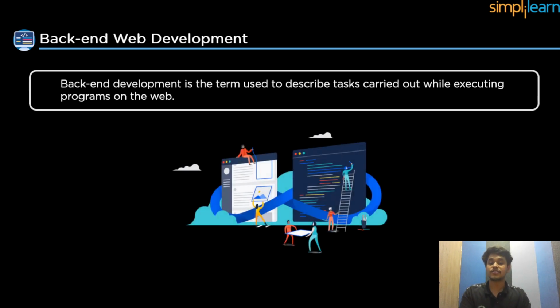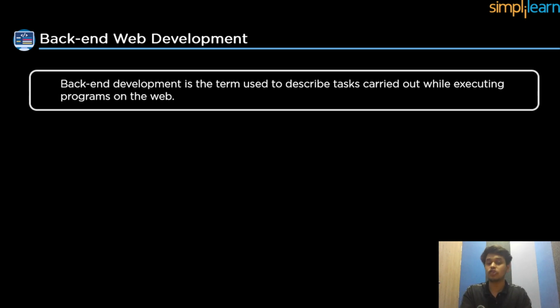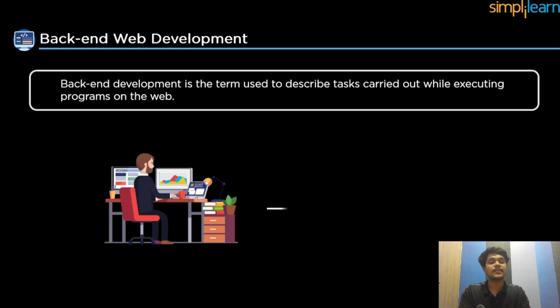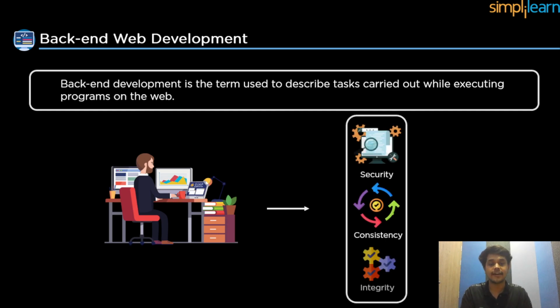Focusing on website architecture, scripting, and building code that communicates between the website's database and the user's browser is all a part of back-end web developers' job. Consistency, security, and integrity of data must be guaranteed for this job.